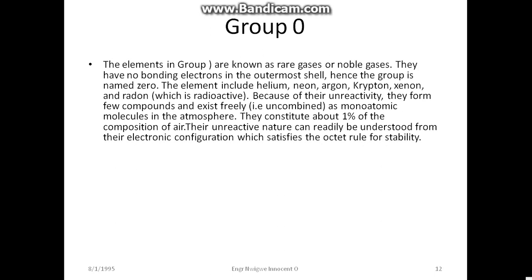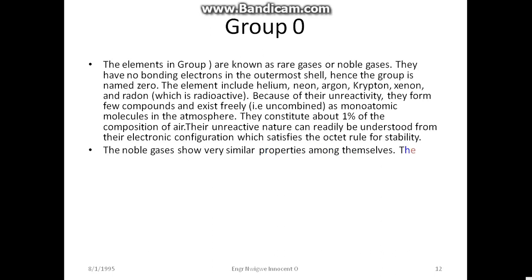Because of their unreactivity, they form few compounds and exist freely, that is, uncombined as monoatomic molecules in the atmosphere. They constitute about 1% of the composition of air. Their unreactive nature can readily be understood from their electronic configuration, which satisfies the octet rule for stability.